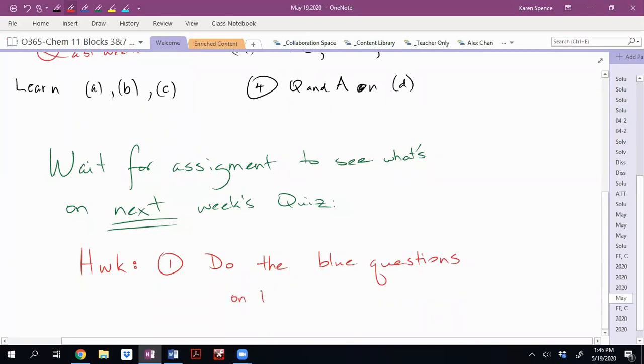So is it the one saying problems for each of the following reactant combinations? Exactly. Yeah, formula equations, complete ionic, and net ionic equations.